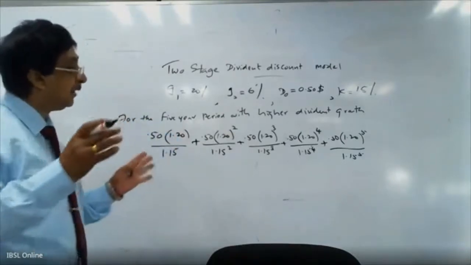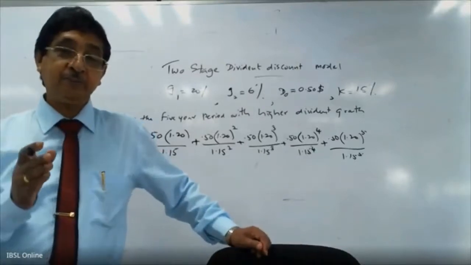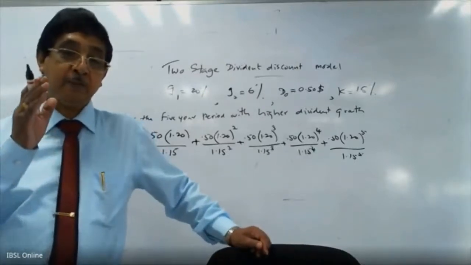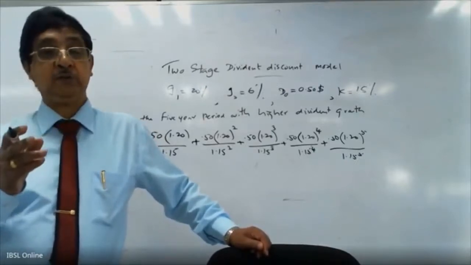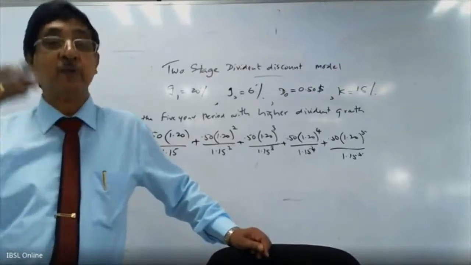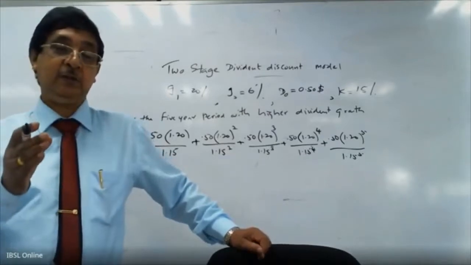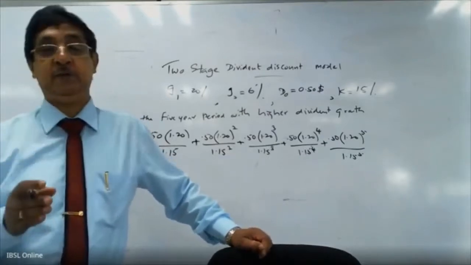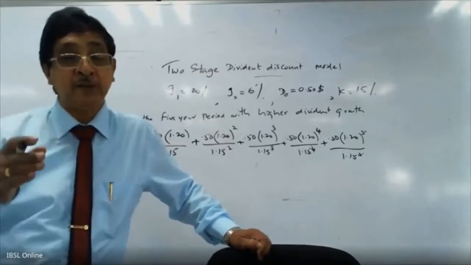But this will not be sufficient for us to calculate the price of the stock. The price of the stock has to be calculated with the other cash flow also. Now what is the other cash flow? We think, if it is sold at the end of the 5th year period, at what price would it be sold?